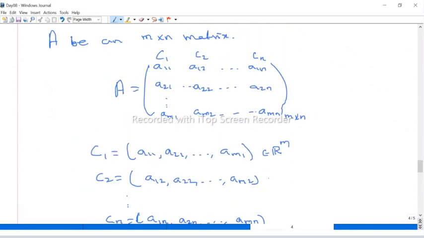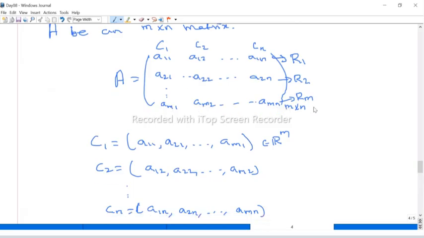Look at the matrix. So this is the first row, so we call this R1. This is the second row, and so on. This is the mth row. Now using this R1, R2, because R1 is a vector A11, A12, etc., A1n, it is an element in Rn. Similarly, R2 can be seen as an n-tuple, and similarly Rm can be seen as an n-tuple.